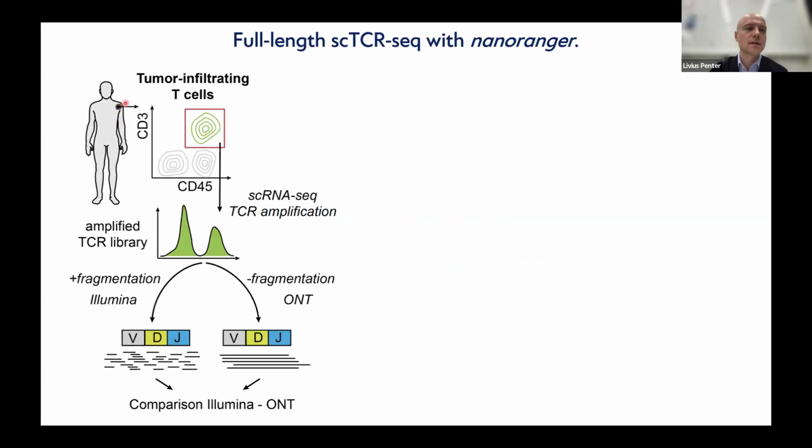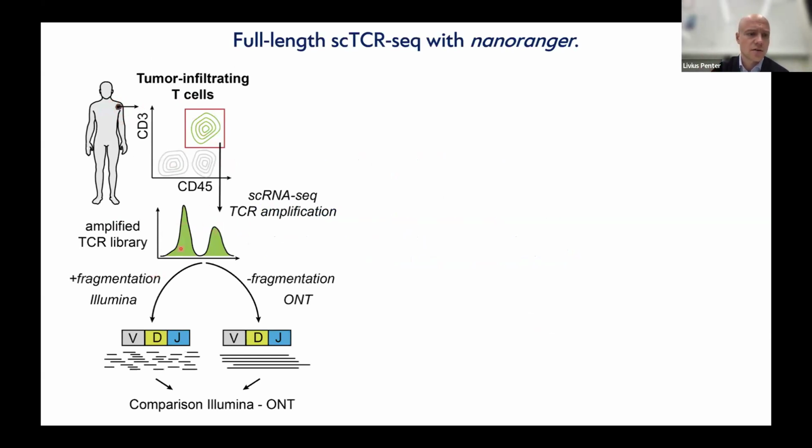Here we took a tumor sample from a melanoma patient, and we performed TCR, T-cell receptor sequencing, using the 10x platform. And this is an established protocol, of course.